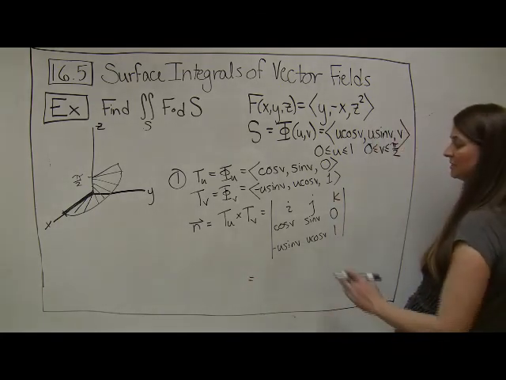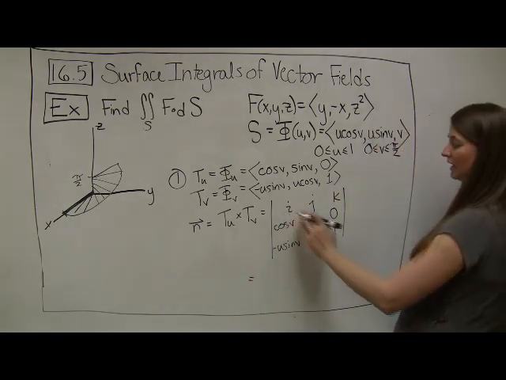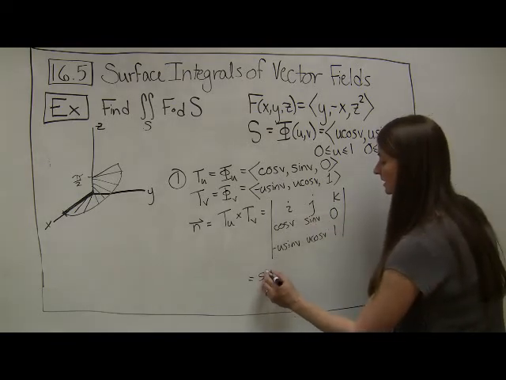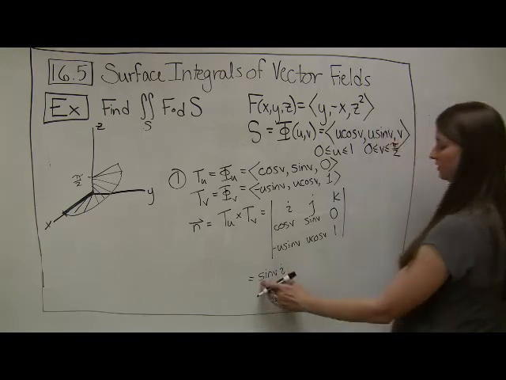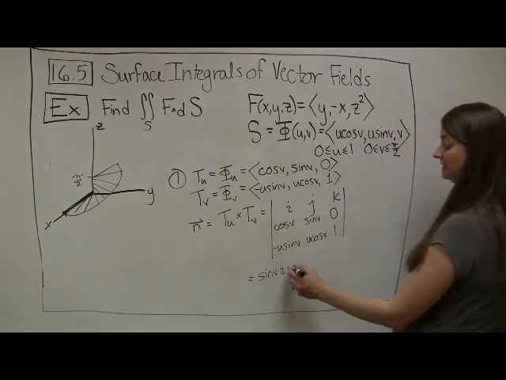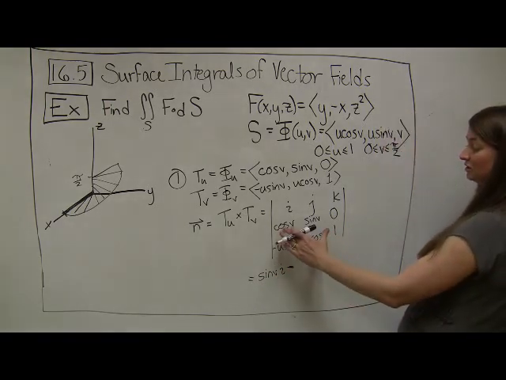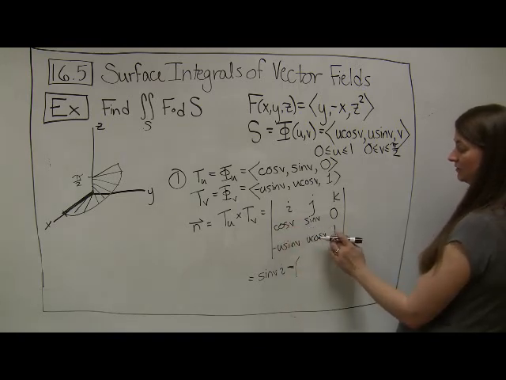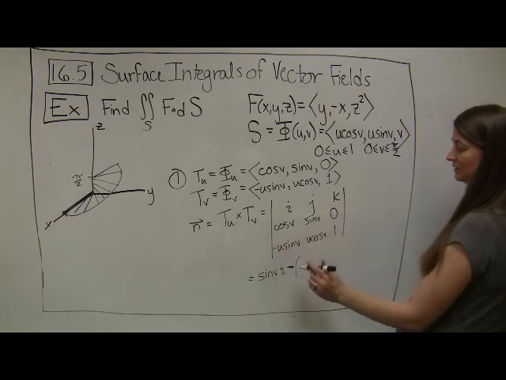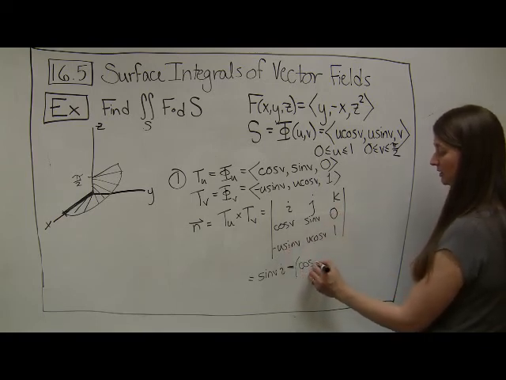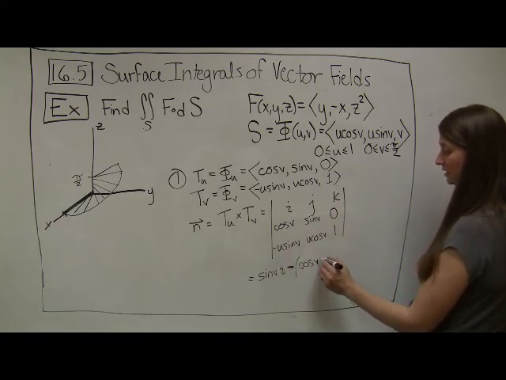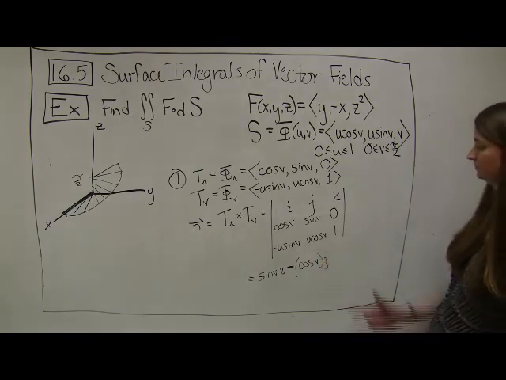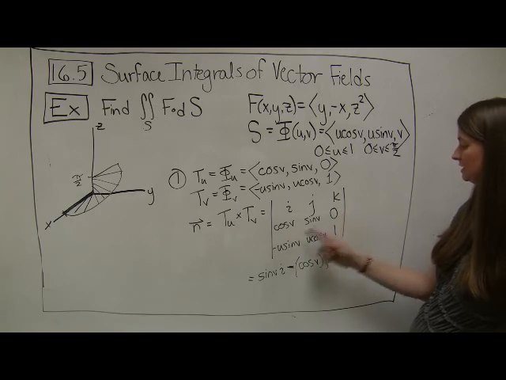And when I take the determinant, I get i times sine of v. So sine of v times i for the first component, minus the determinant of the 2 by 2 given by cosine of v minus 0. So this is cosine of v j. Right? This times this minus this times this.